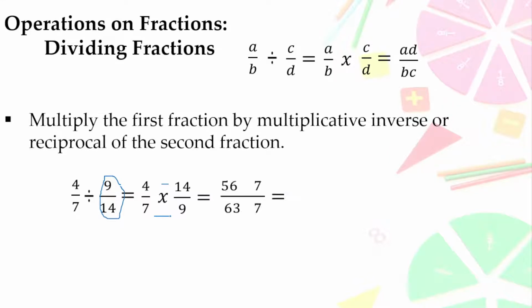So we will get 56 over 63, and then we will find the GCF, which is the 7, para po mapaliit pa siya, or to get the lowest simplest term. So we will get 8 over 9. So yun po ang sagot kay 4 over 7 divided by 9 over 14.